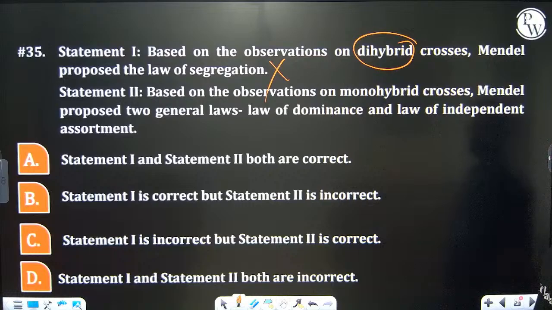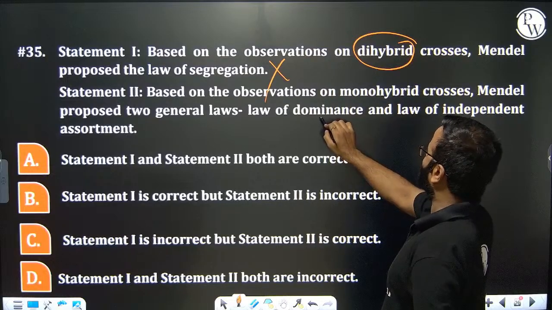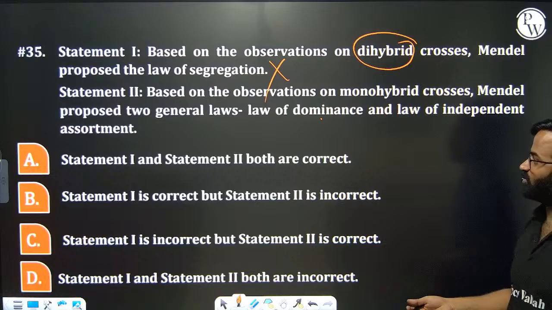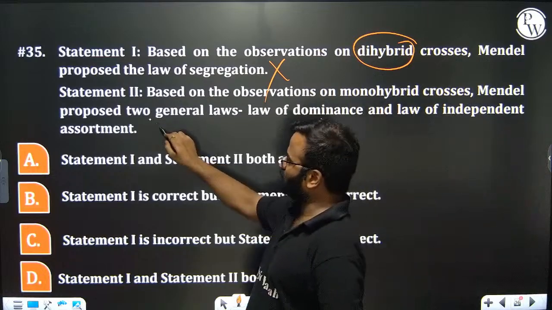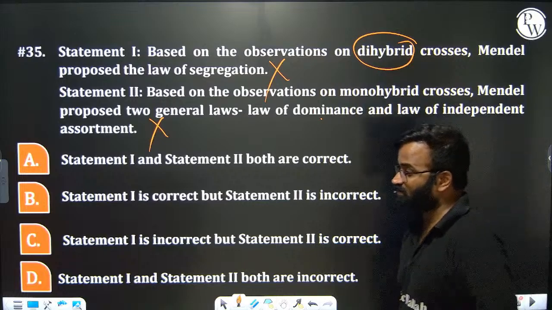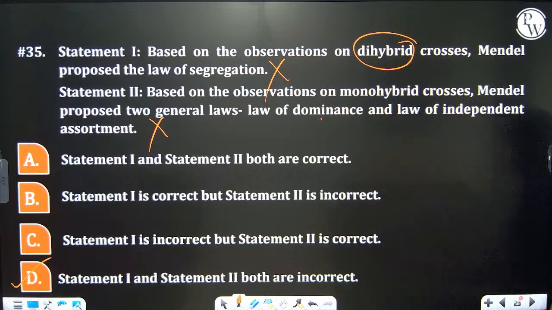Based on the observations on monohybrid crosses, Mendel proposed two general laws, the law of dominance and the law of independent assortment. Now the law of independent assortment needs a dihybrid cross, so this is also false. So I would go with D as the answer.